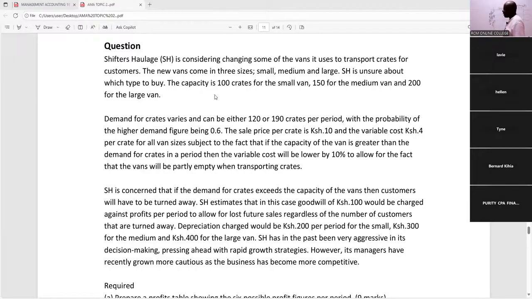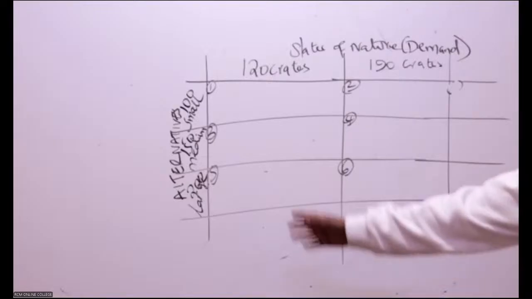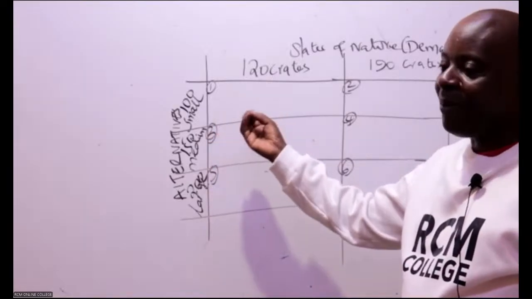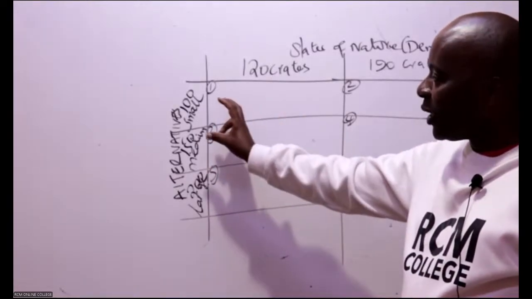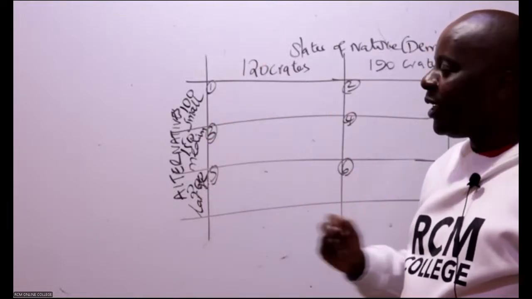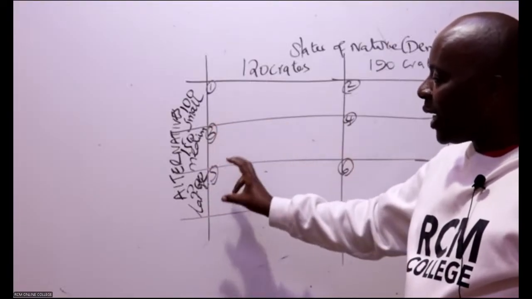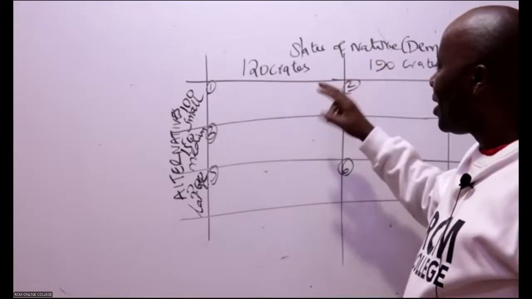And then lastly, we have 200 there. So remember, this automatically will be what you can supply to the market. If I'm going with a small van, I can only supply 100. If I'm going with a medium van, I can only supply 150. If I'm going with a large van, I can supply 200, vis-a-vis the various demands.